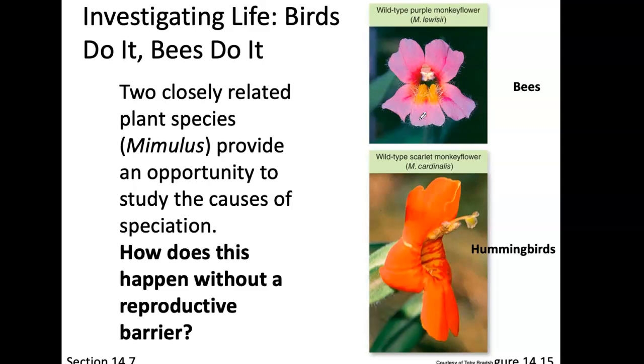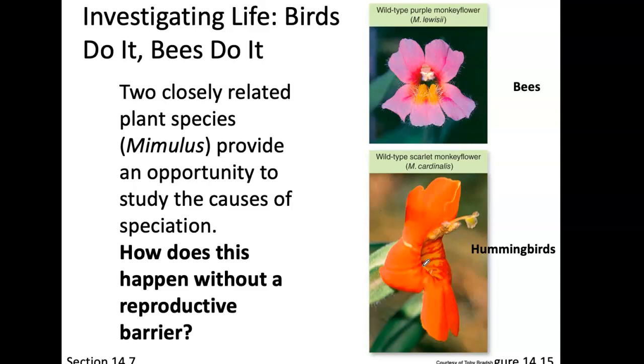So this was a nice little study that tried to look at that, and they used this Mimulus plant that you've probably seen around here. And I think I have a Noticing Nature that has an orange one. So this is monkey flower, and this one is a wild type, and it's quite purple. You know, it looks purplish. And this is another wild type here of a different species.